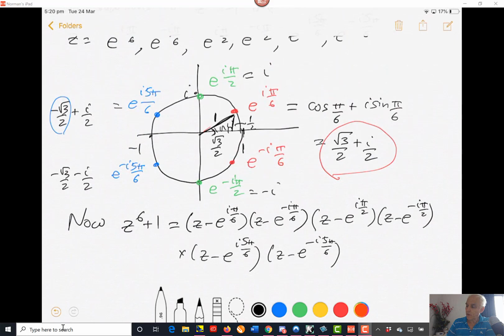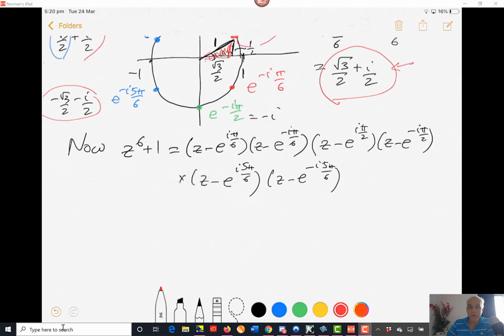Okay, and if we go back up to the roots here, the zeros on the unit circle, we can also express, for example, e to the i pi on 6 as cosine pi on 6 plus i sine pi on 6, so we can write it in this more familiar root 3 on 2 plus i over 2 form, because we recognize that this little triangle is a familiar 1, 2, root 3 kind of triangle with 30 degrees and 60 degrees. And similarly, we can do that for the other values as well.